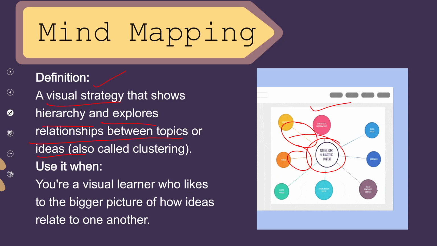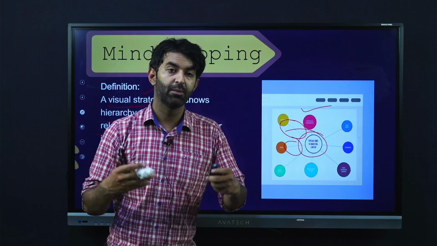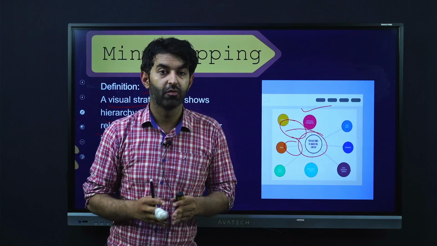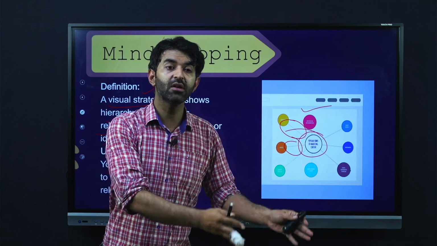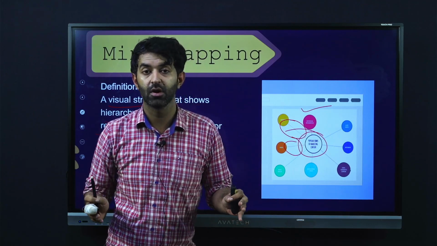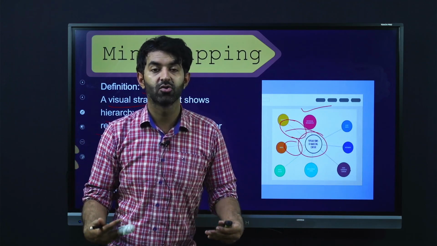So you are a visual learner who likes to see the bigger picture of how ideas relate to one another. I also talked about it yesterday. We are visual learners. We learn by seeing. So we can arrange all of these things on paper, maybe 3 papers or 4 pages, so that when we start writing, we do not worry about ideas coming, because we have already written down the ideas, the plans, the subtopics in a list or any other graphic organizers. So we can just fetch that out of that and just start drafting our essay.